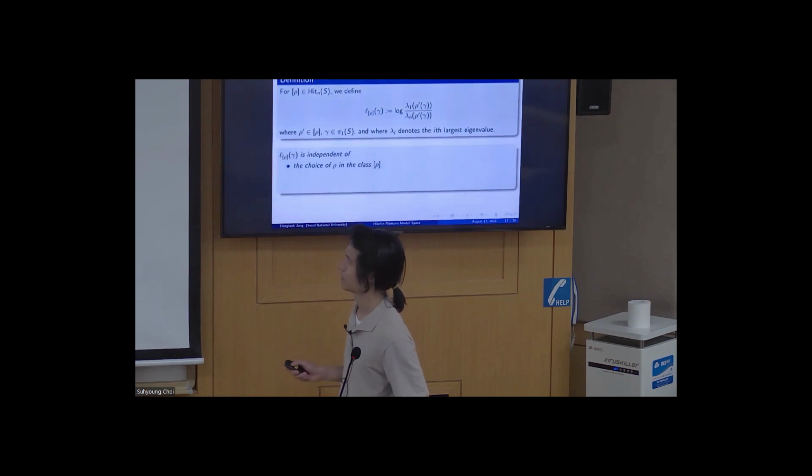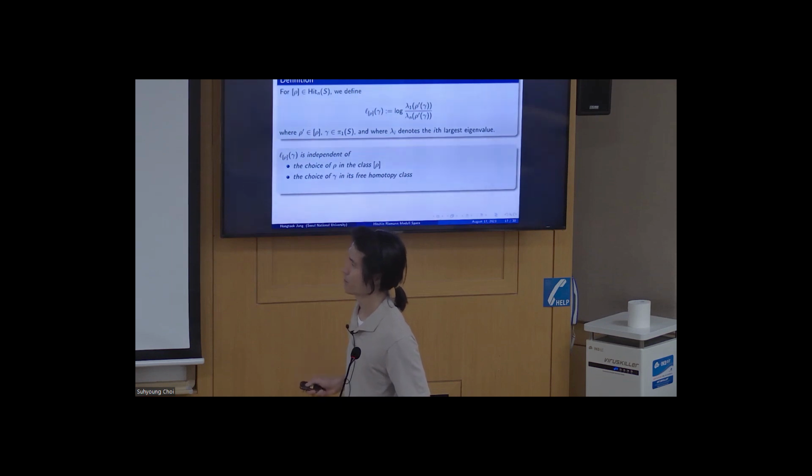But actually, this quantity is independent of the choice of our representation. We can put any rho prime here, any representation conjugate to it.